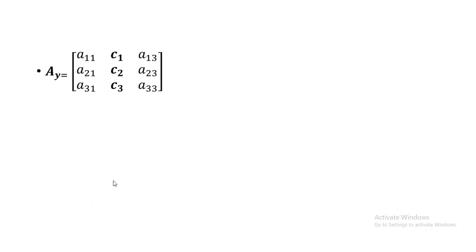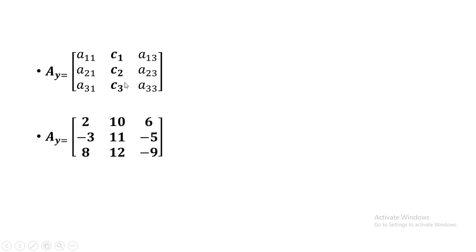Then for A y, we have a11, a21, a31, a13, a23, a33. These two columns are the same as the coefficient matrix, but the second column is substituted with the constants C1, C2 and C3, like this. See, earlier 10, 11, 12 were written in the first column.